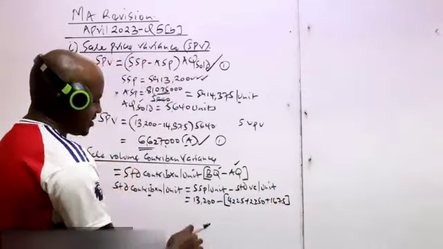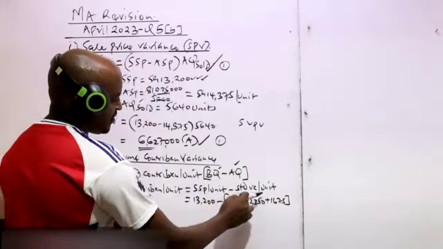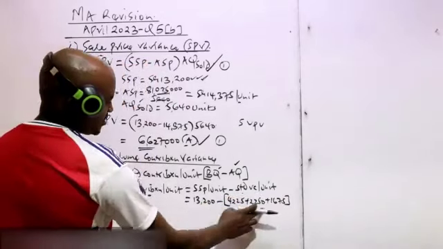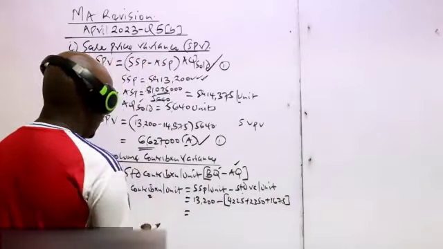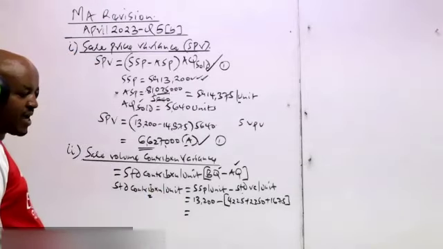So that now will give us the standard variable cost per unit. So we less all this from this figure here, which now will give us the standard contribution per unit.